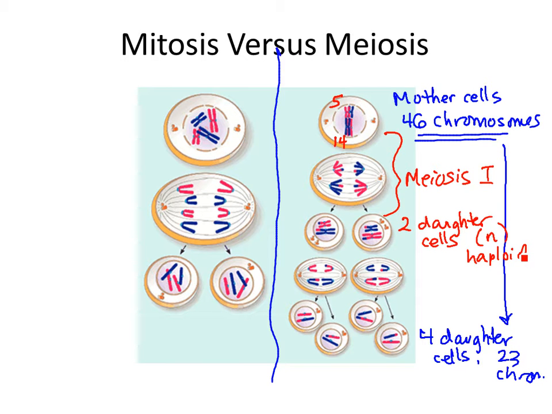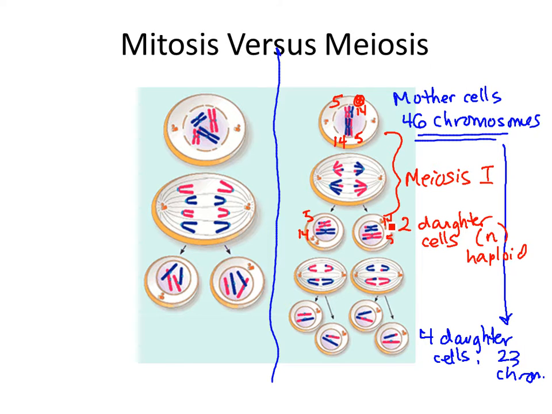So up here in the mother cell, let's say you had 2 copies of 5, I'm sorry, this would be the other 5 here, and 2 copies of 14. Down in here, each of these just has 1 copy of 5, 1 copy of 14 in those daughter cells. Now those copies are still duplicated. They're in a duplicated state.